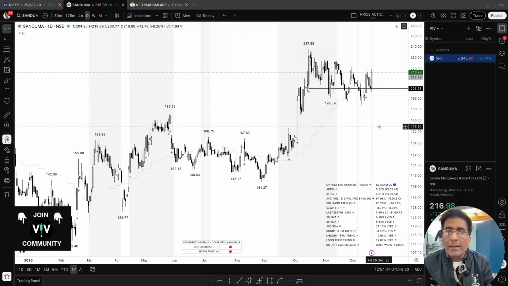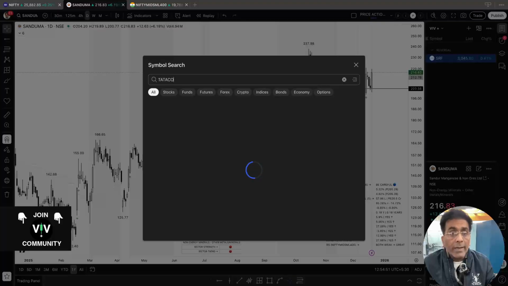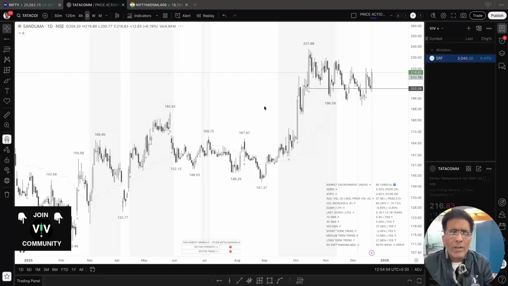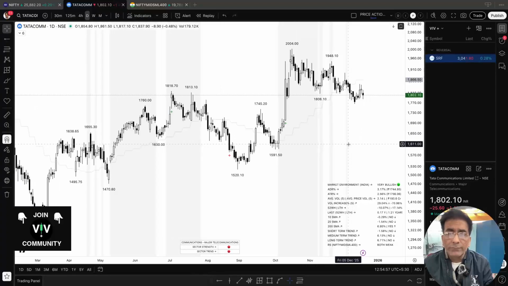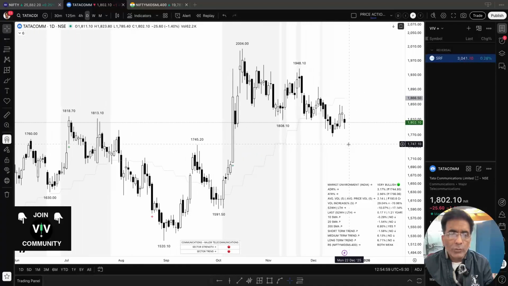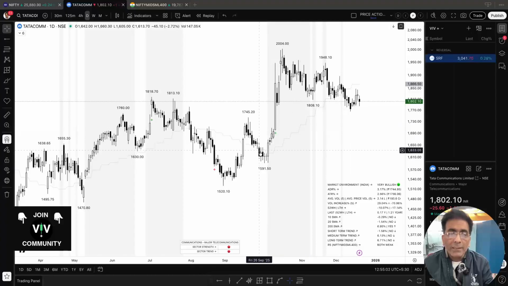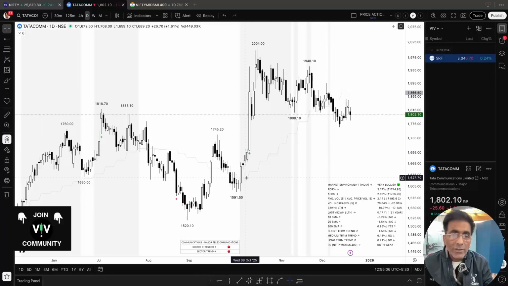So recently I took a trade of Tata Communication, 1 2 months back. So it was also like this. See, I bought it near the 10-week moving average, and the system was saying that okay, positive.